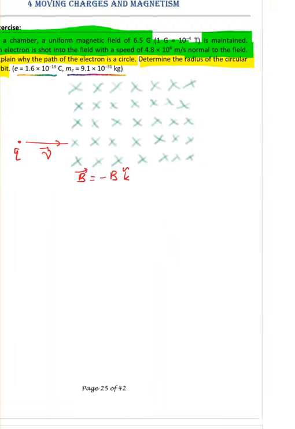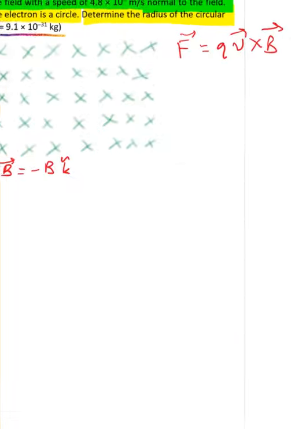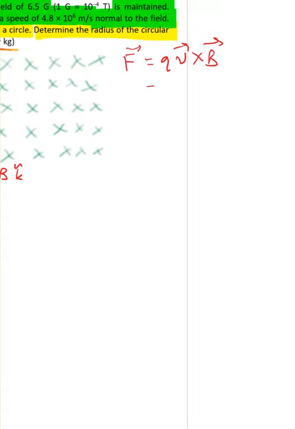So now when it enters, what will happen? We know that force is qvB, actually q v cross B. So when I consider v to be v i cap and B to be minus B k cap, what do we get?